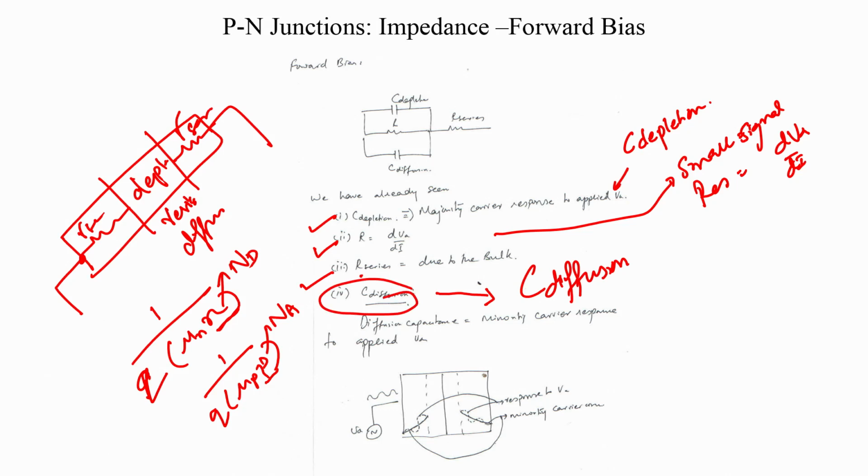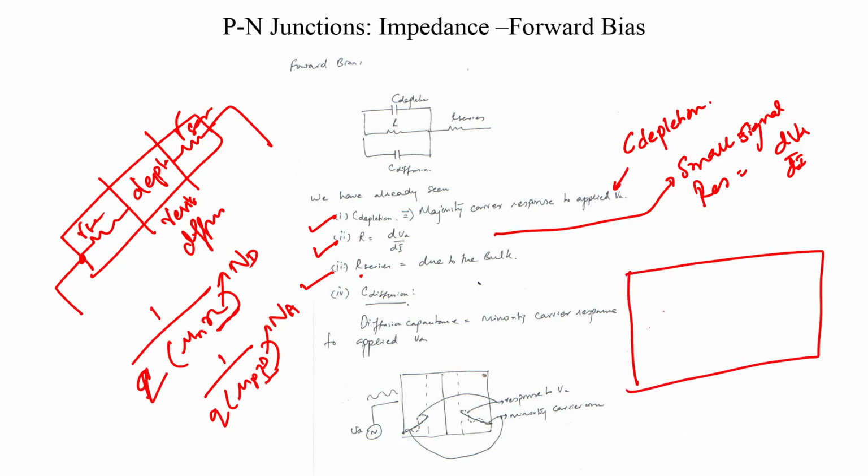So what is the diffusion capacitance? Very intuitively, in forward bias what we have done is we have injected the minority carriers. So we now have a minority carrier injection because of the large amount of carriers diffusing across the junction.